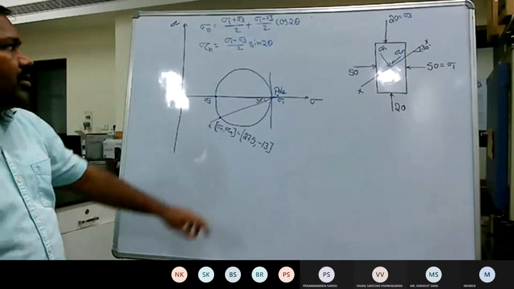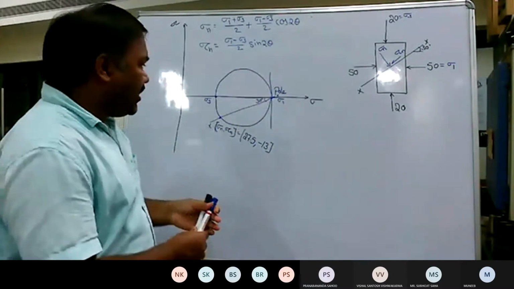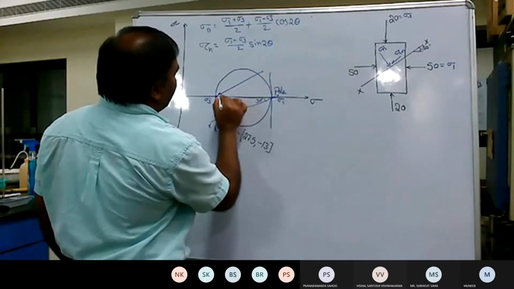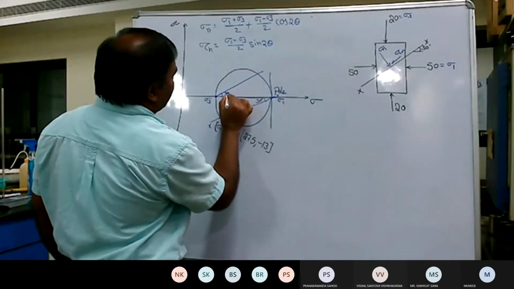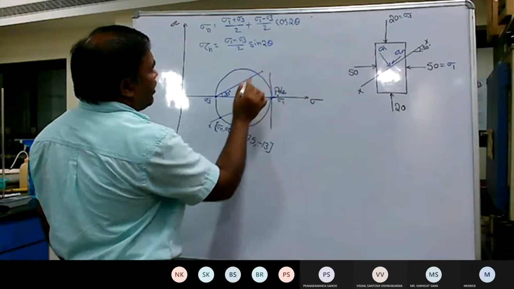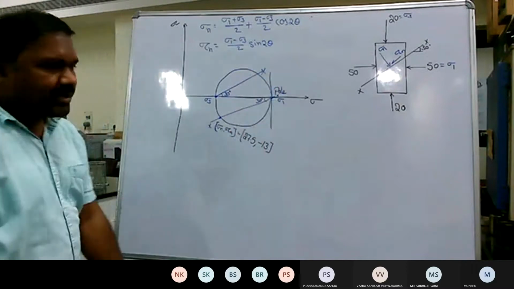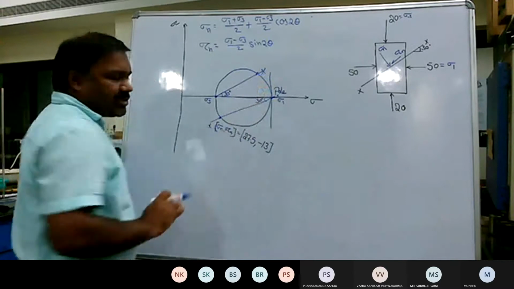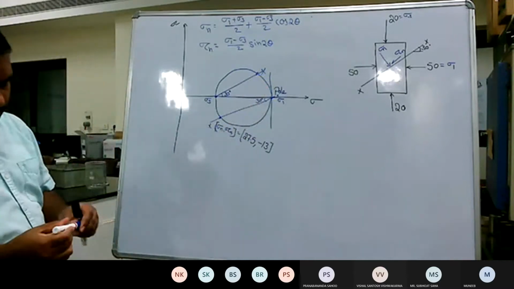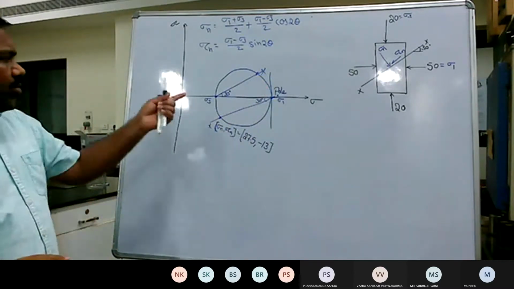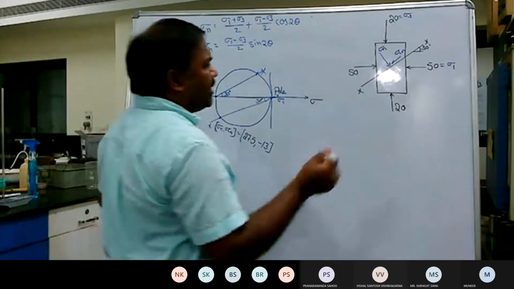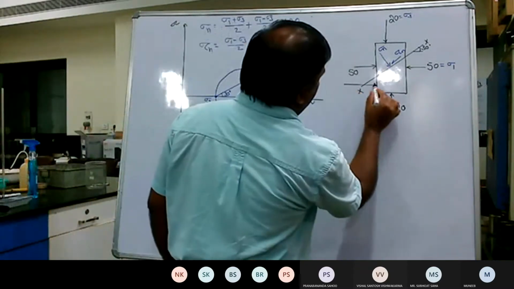But how? If you take 30 here, then that might represent the failure plane something like this. It's not at the bottom, so this is not correct. Then you will get the stresses somewhere here, and these stresses are not equal, or maybe different also. In this case you have to take theta in the anti-clockwise direction.